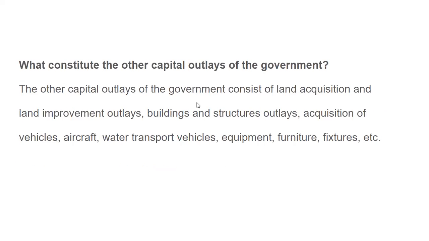What constitutes the other capital outlays mentioned a while ago? The other capital outlays of the government consist of land acquisition and land improvement outlays, okay, buildings and structures outlays.